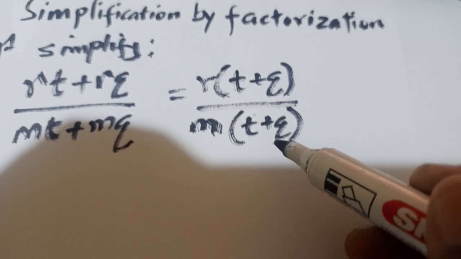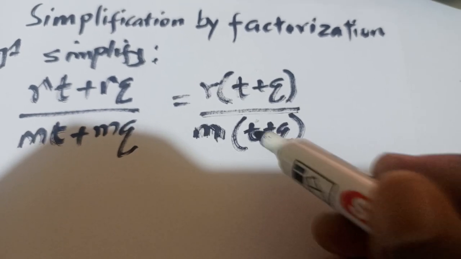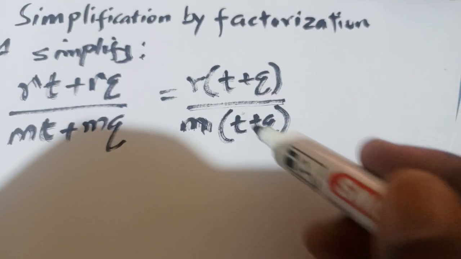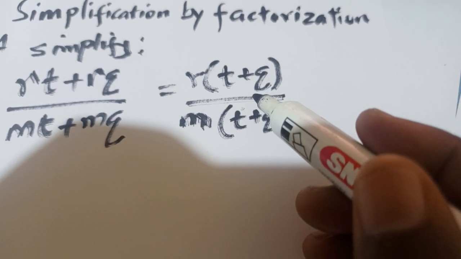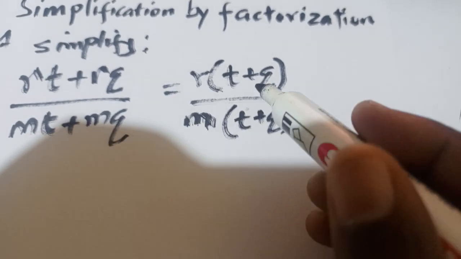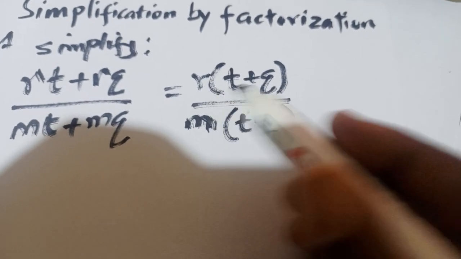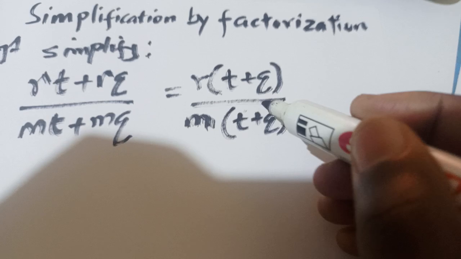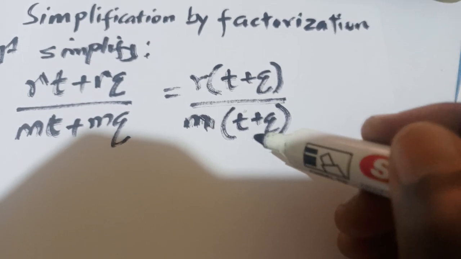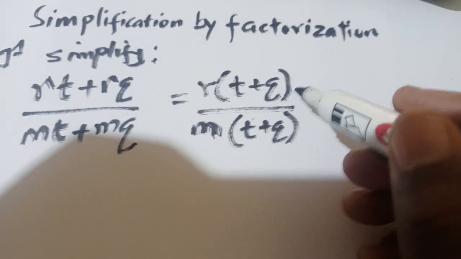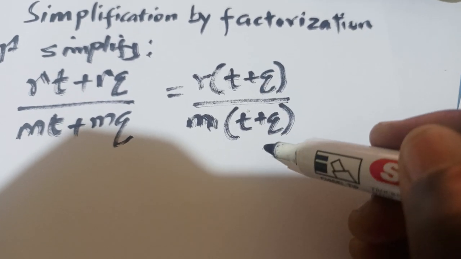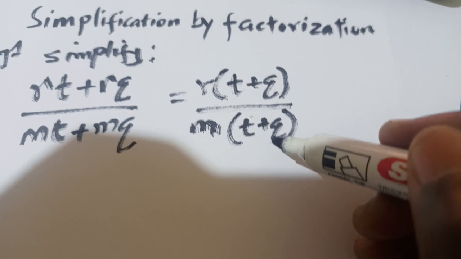Then after this, we don't leave it at this point. Remember, we are asked to simplify. What we've done here is just to factorize the numerator and the denominator. So to simplify, of course, we look for common factors. You can see here, we have T plus Q in the numerator, and we also have T plus Q in the denominator.